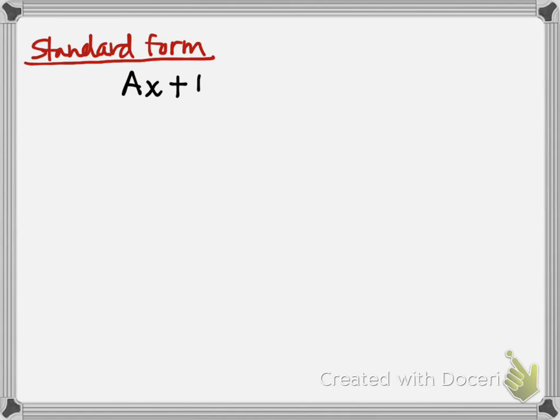All right, so standard form. Standard form looks like this: AX plus BY equals C.